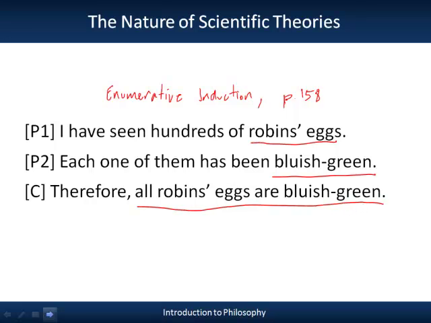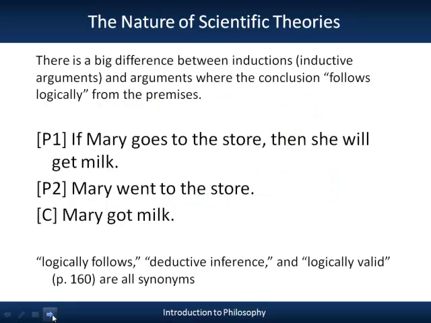Okay, now notice that this argument is quite different than one like this, which we looked at in chapter 2. Here you'll recall that if these two premises are true, if it's the case that if Mary goes to the store, then she will get milk, and if it's also the case that Mary went to the store, then it has to be the case, or it's guaranteed to be the case, that Mary got milk.